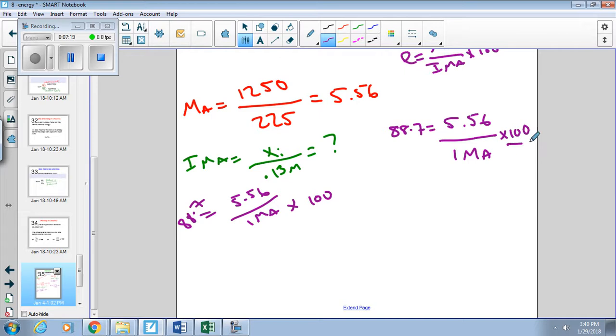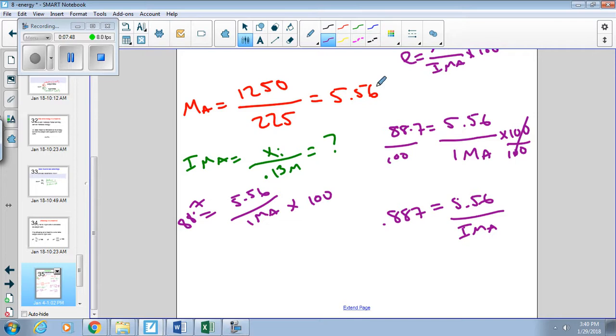So we're going to divide each side by 100. 100 will cancel out here. 0.887 equals 5.56 divided by ideal mechanical advantage. I'm trying to avoid saying IMA because it sounds like I'm going to say something silly, and I never say anything silly. So how dare you think I would say something silly?